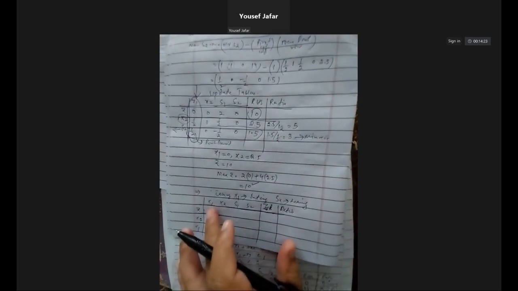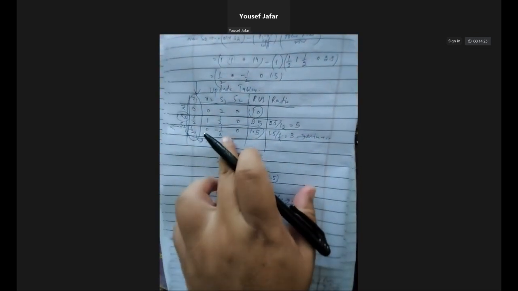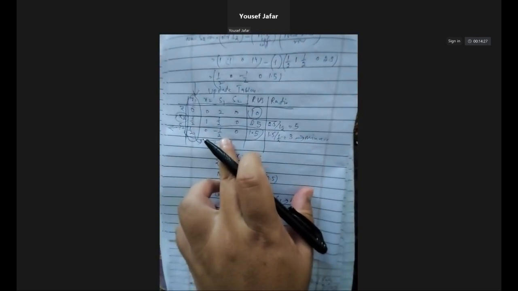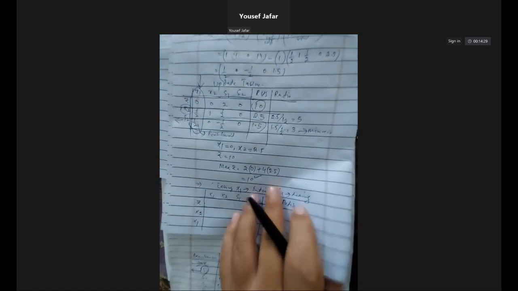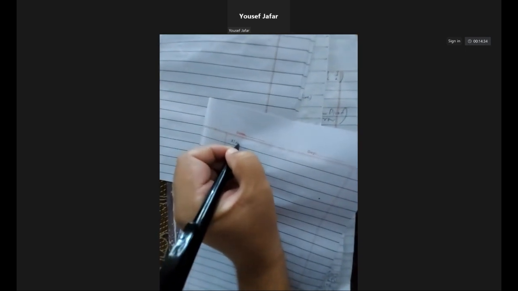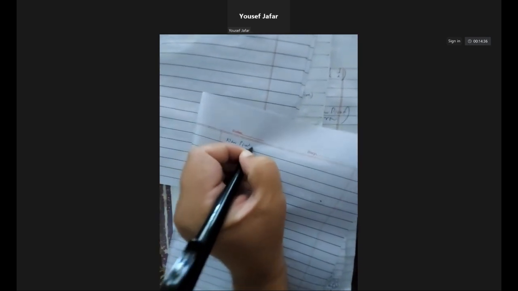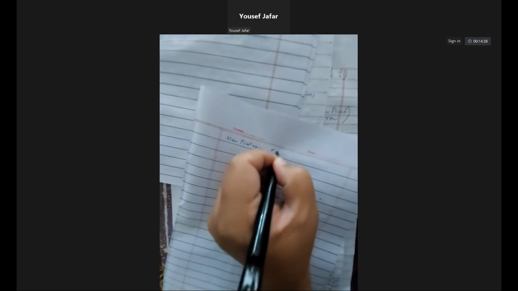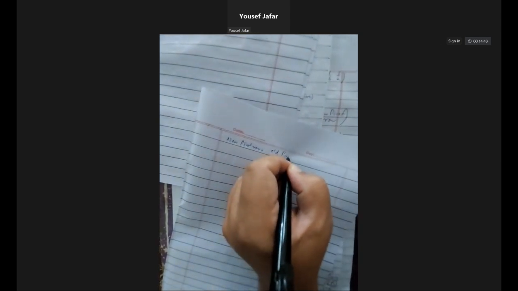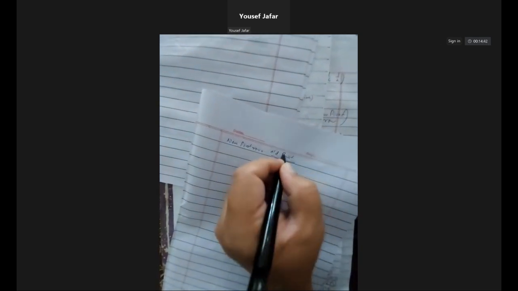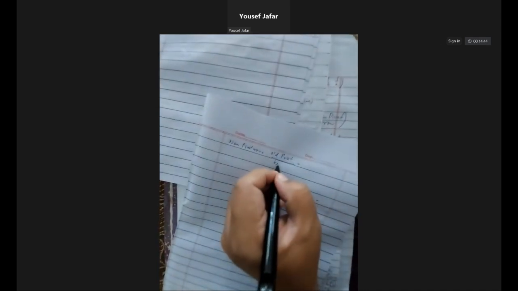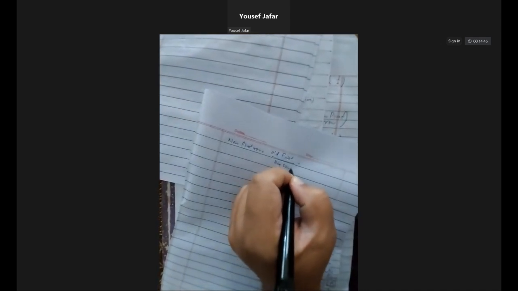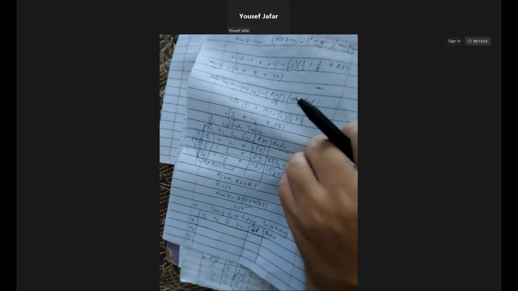Okay, so now this one is the pivot row. So we will first find the new pivot row. New pivot row is equal to the old pivot row divided by the key element. Now we know that the old pivot is the S2 row.